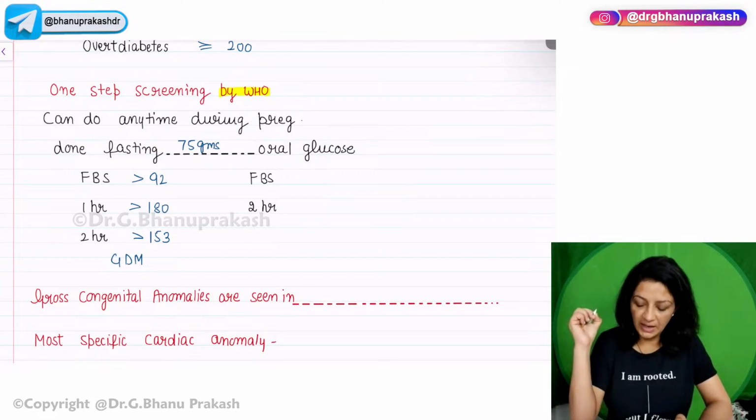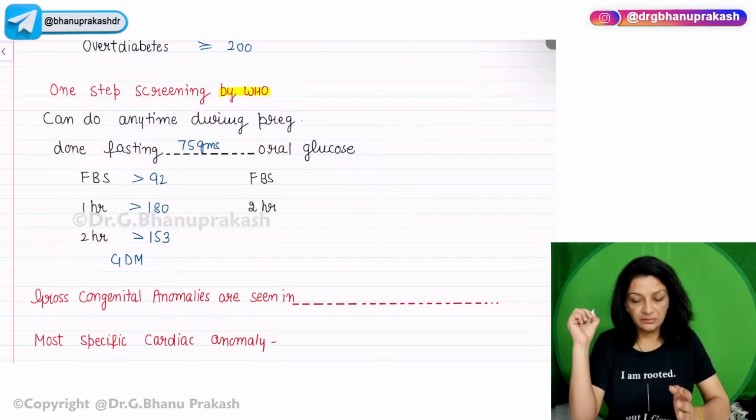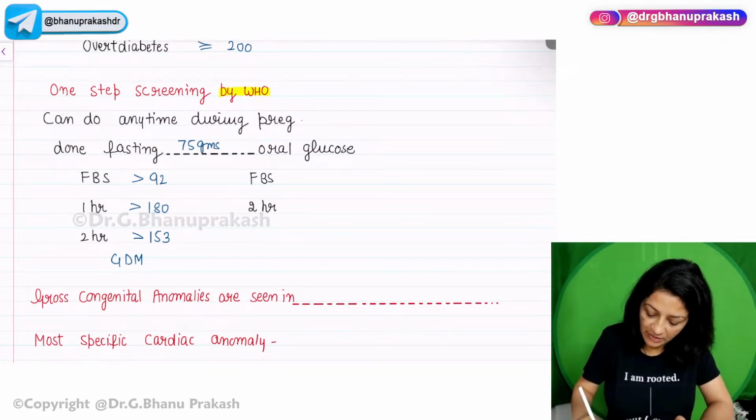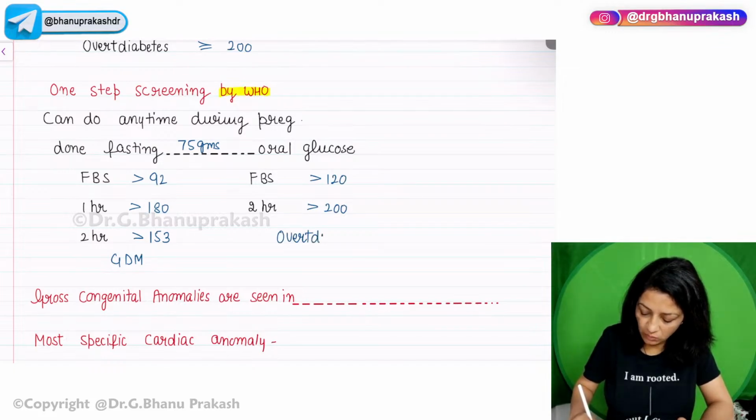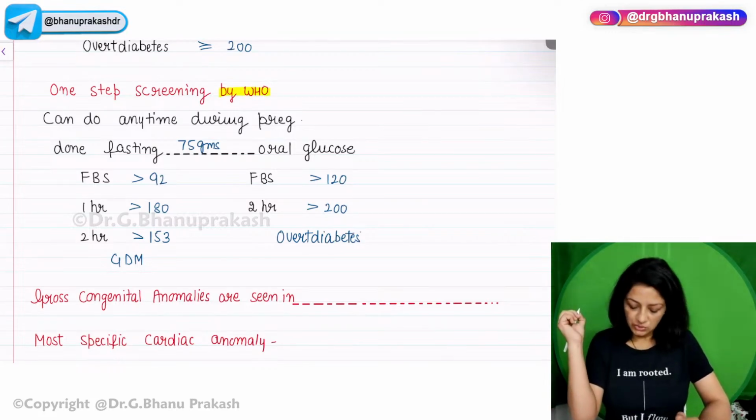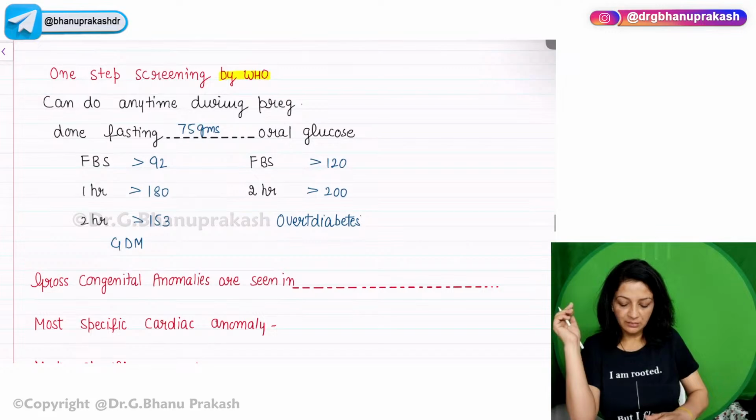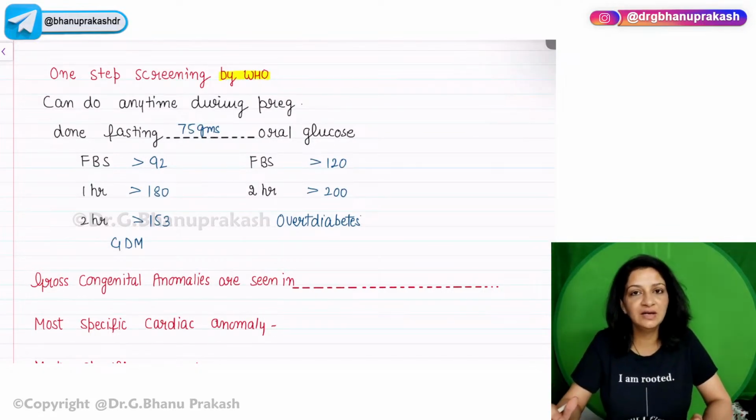But in case of overt diabetes, fasting more than 120 and 2 hours more than 200, then it is the diagnosis of overt diabetes. So is that clear to all of you? The Government of India has different values, and according to WHO the values are different.